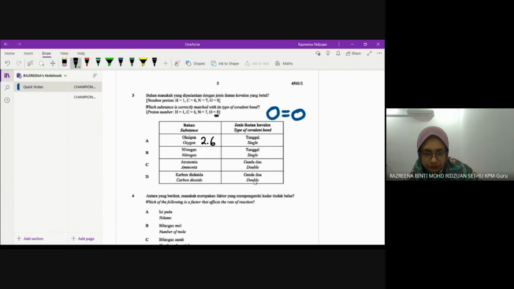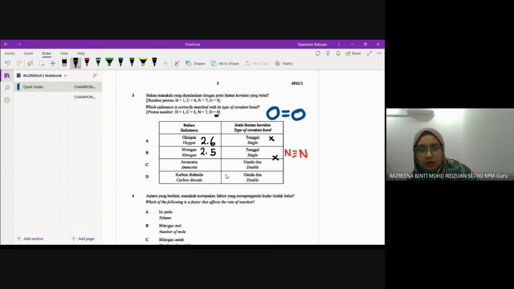Nitrogen needs a triple bond to form bonding because their electron arrangement is 2.5, so they need three more electrons. This is wrong and this is also wrong.